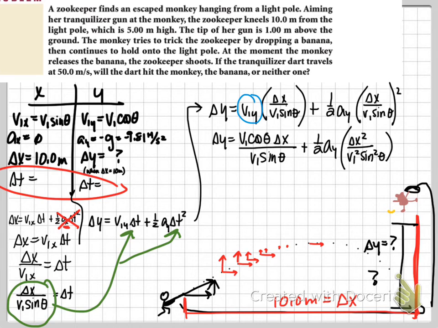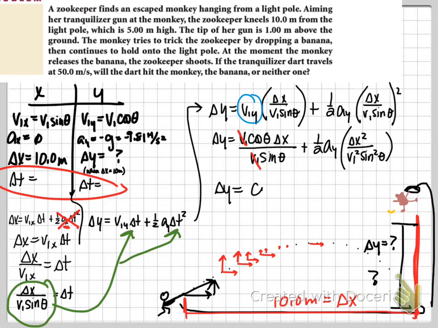So at this point, do you see anything that can cancel? I do. Vi goes away. What's nice about that is if you need to use this equation to solve for an initial velocity, as long as you've got everything else, you've got initial velocity over here, and it cancels out in the first part of the equation. So let's rewrite that.